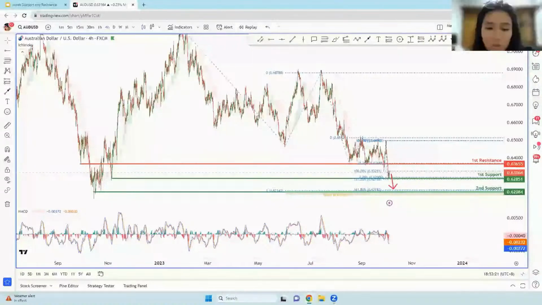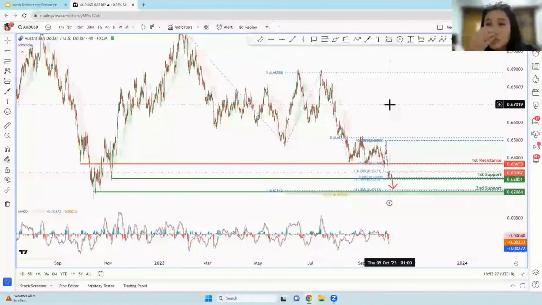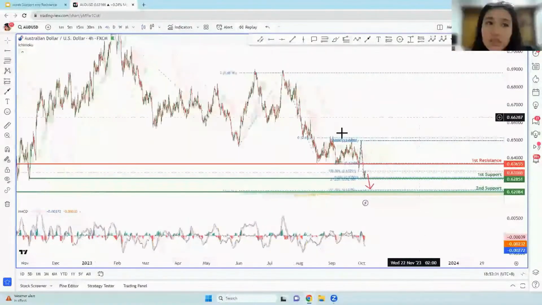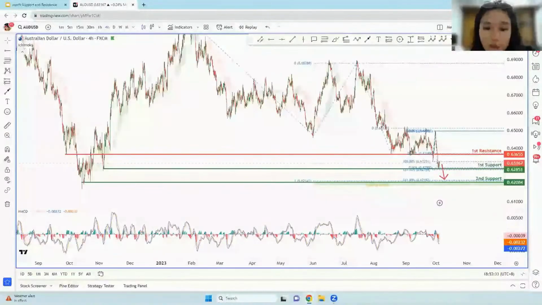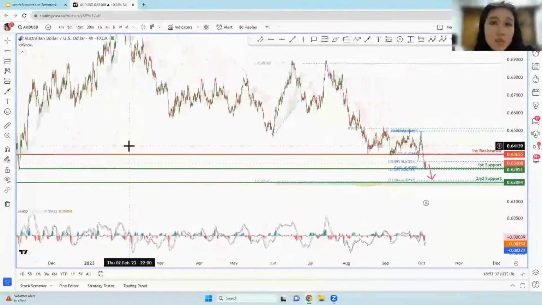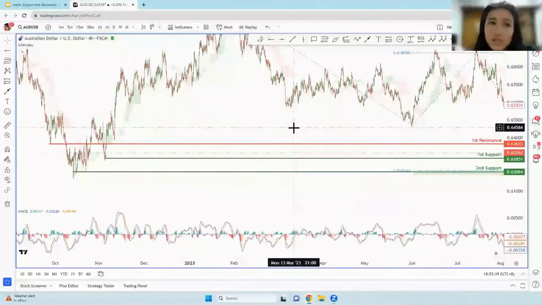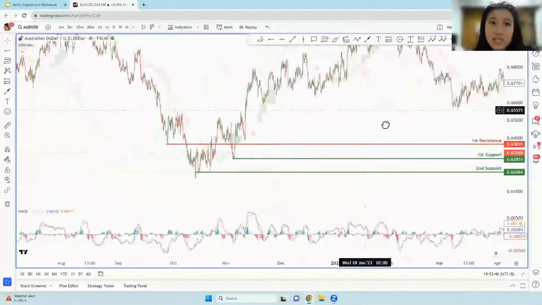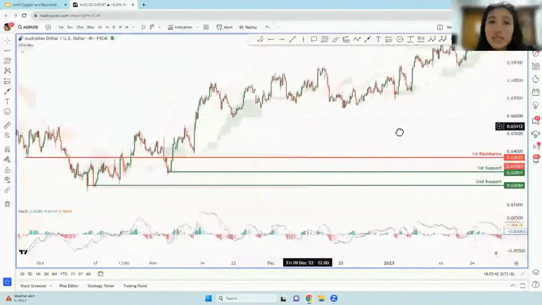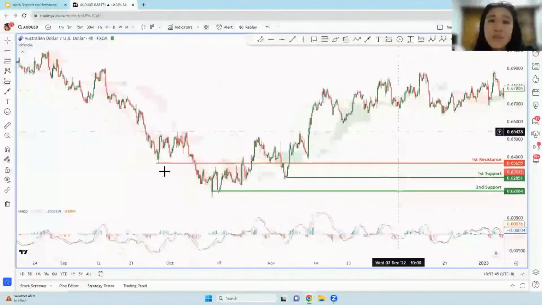You have to include the wick in swing high and swing low in putting resistance and support. For Fibonacci, I feel like it's good practice to include it. But for swing high and swing low in putting resistance and support levels, it doesn't really matter because, as I mentioned earlier, it's more so areas rather than levels.